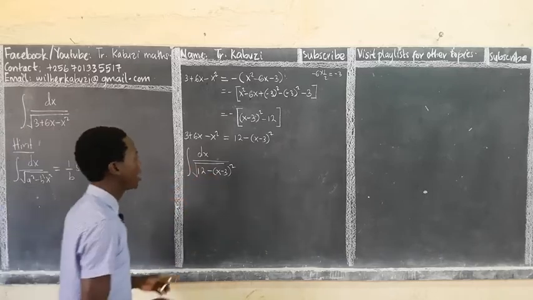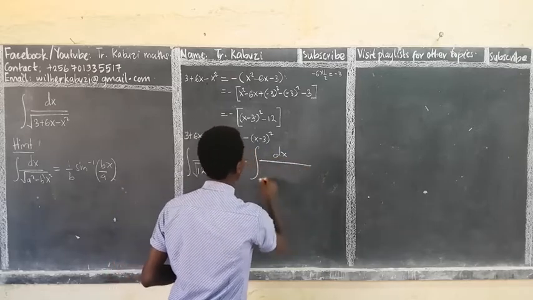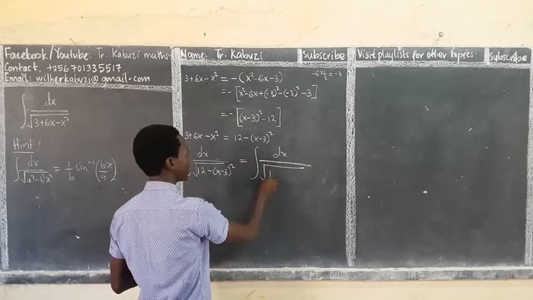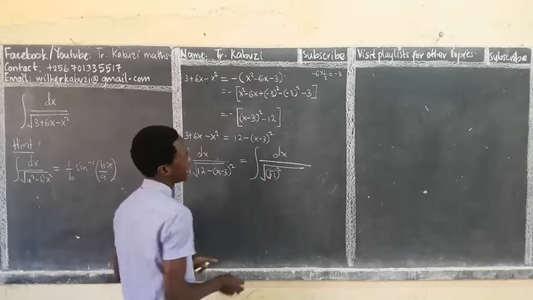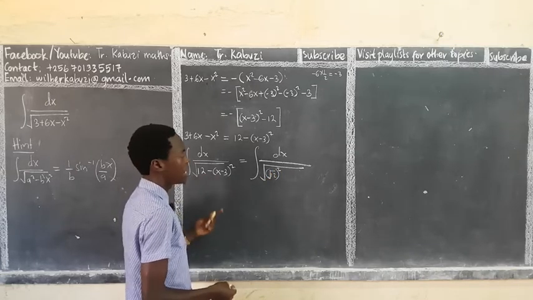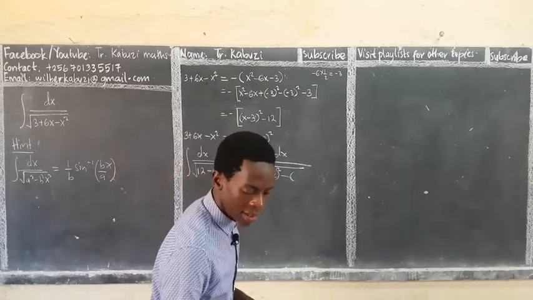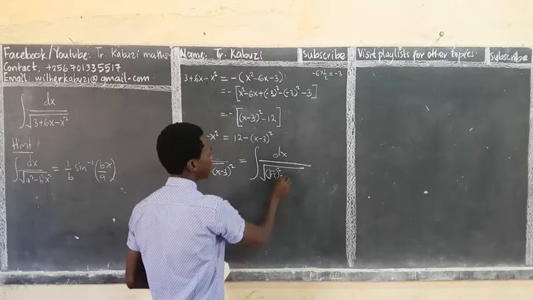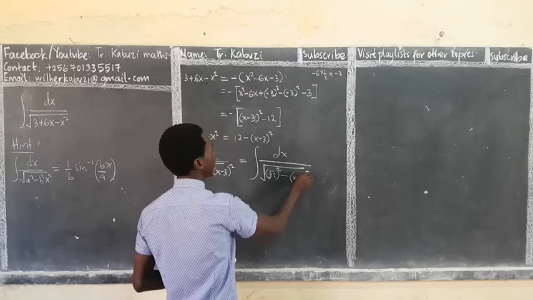So to create a square here without changing anything, this is the same as dx over square root of, now to create a square here is by creating a square root of 12, and then at the same time I remove that square root. When I square root 12, I come back to 12, so I've done nothing in simple terms. Then minus into the whole of this, x minus 3, the whole squared.